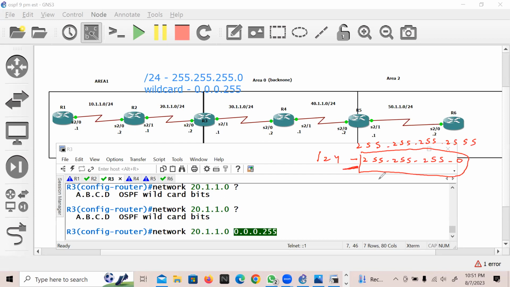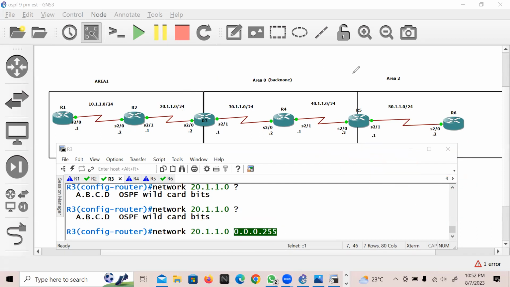Then you will get your wildcard mask, 0.0.0.255. Now I remember, that's why I wrote it here. This was slash 24. Thank you. Okay, that was the question. I was thinking of a different thing.